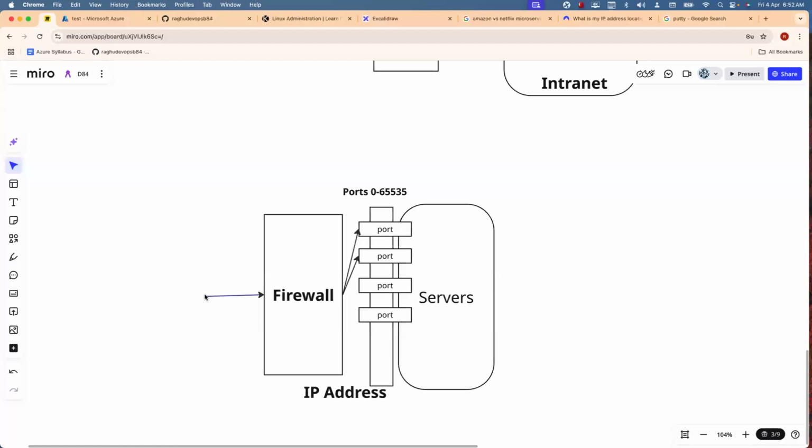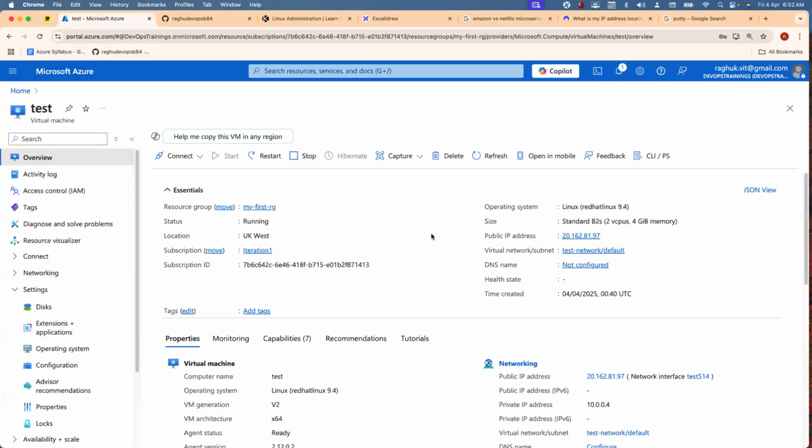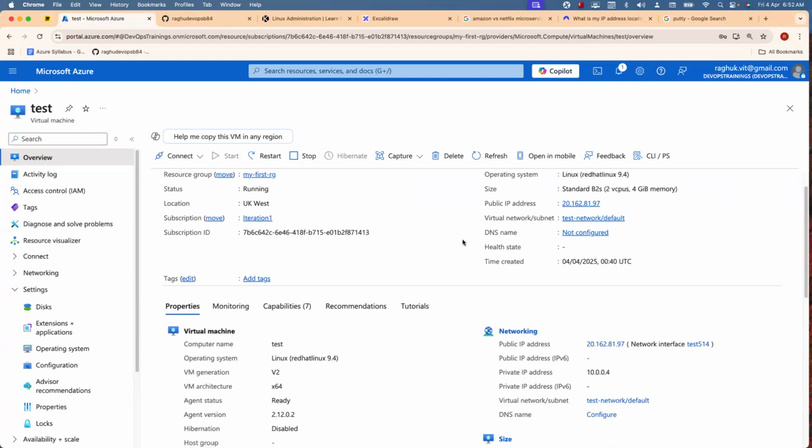Any traffic that is coming in, this is like a security guard sitting there, scanning who you are and sending you to the appropriate process. Yes, even our server, which we got in Azure, is also being protected by a firewall.